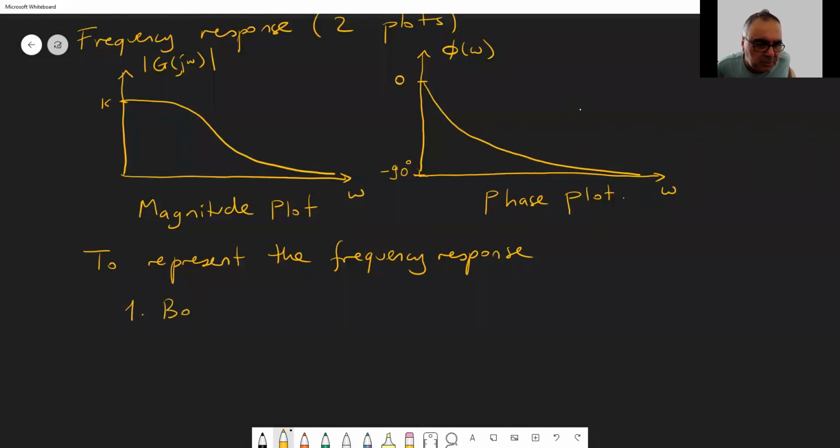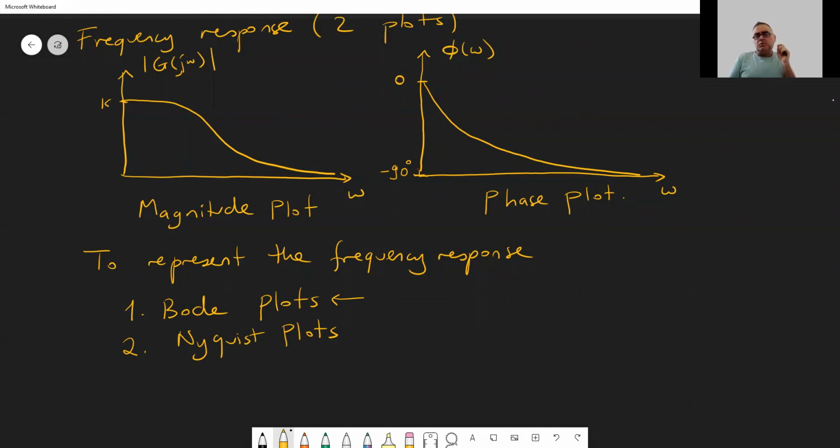One is called the Bode plots. These are the names of the people who have devised them. The second are the Nyquist plots. But we will be mostly looking at the Bode plot. I will very briefly look at Nyquist. But the Bode plots are important for us.